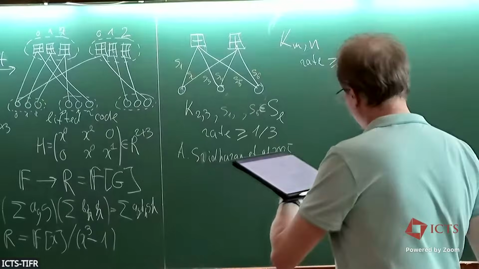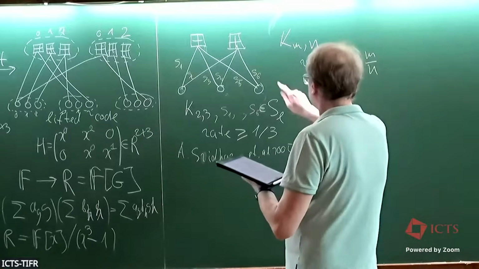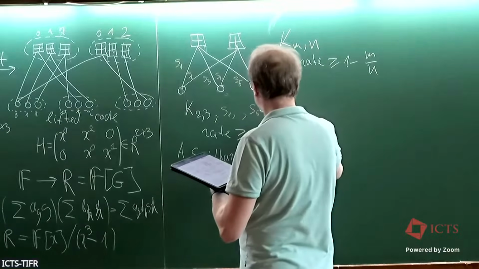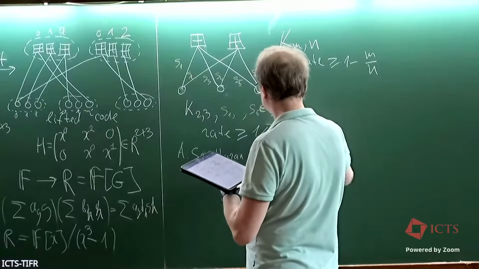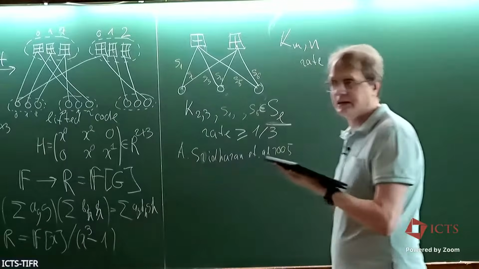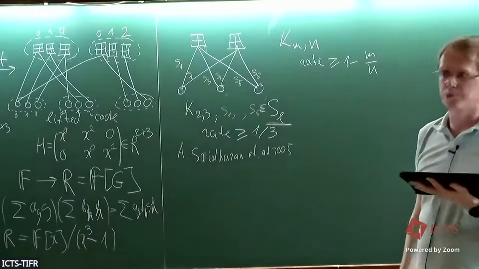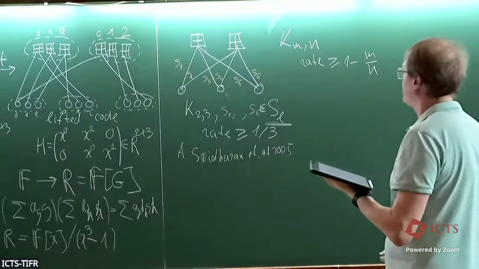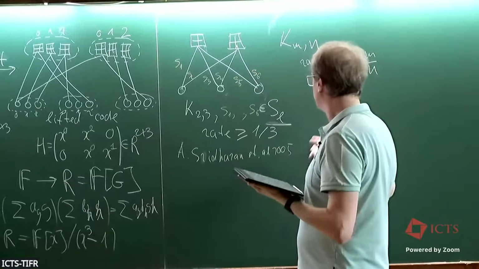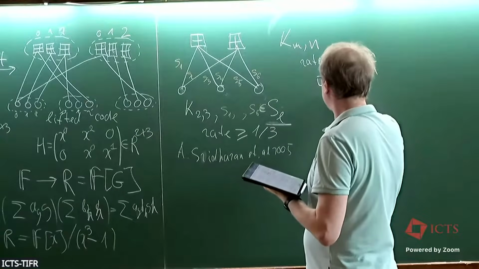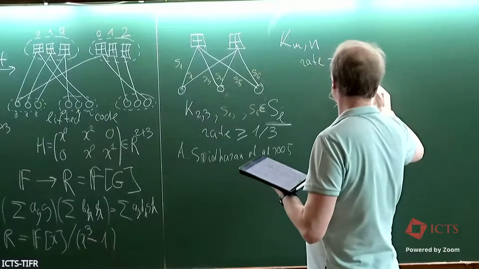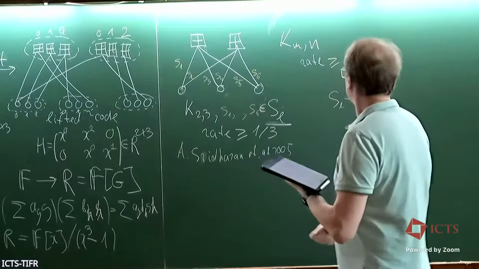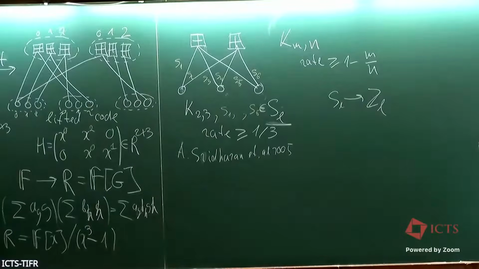And so here I should emphasize that this is for SL, yes? This is quite important. And here is my question to you. What do you think happens if we change this SL to, for example, cyclic group of size L? What is your best guess? What will happen?